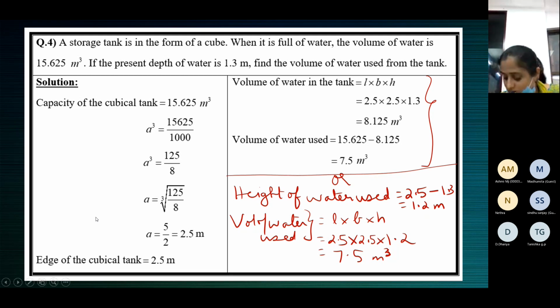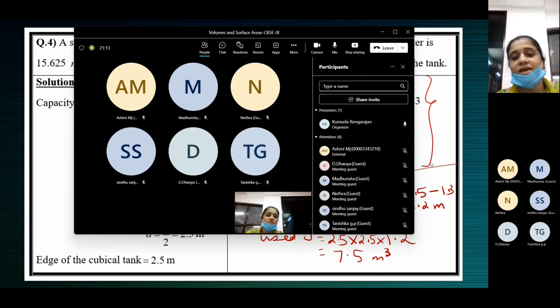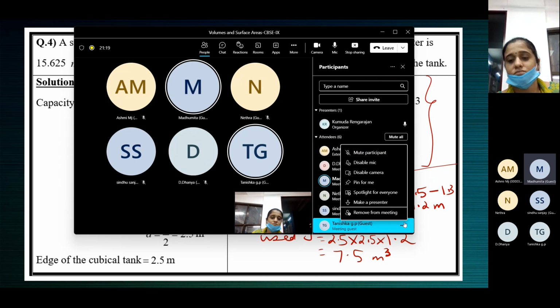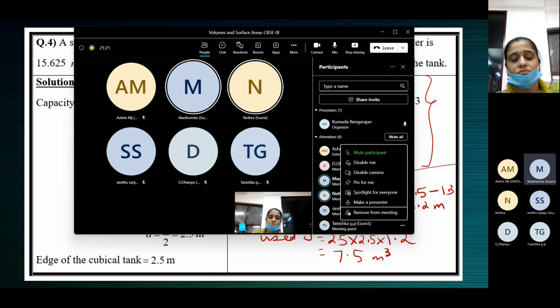Yes, class, once again. What is the length of the tank? 2.5 meters.